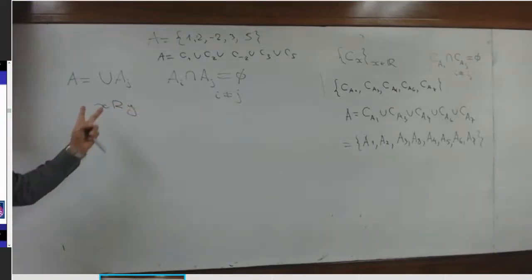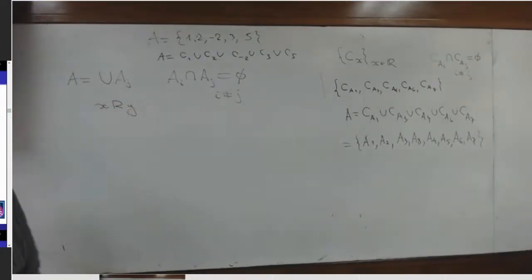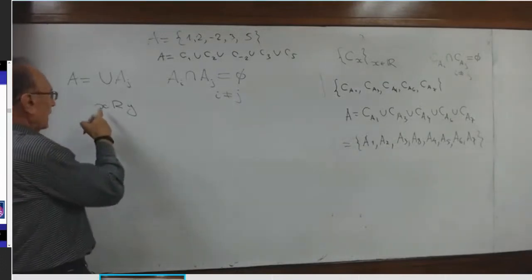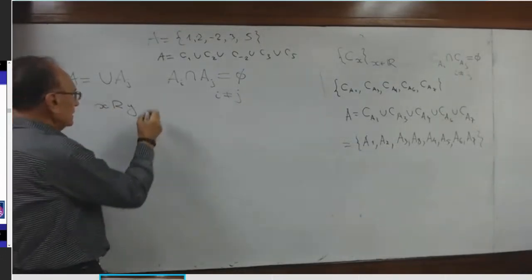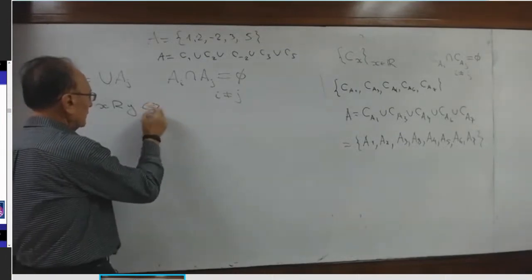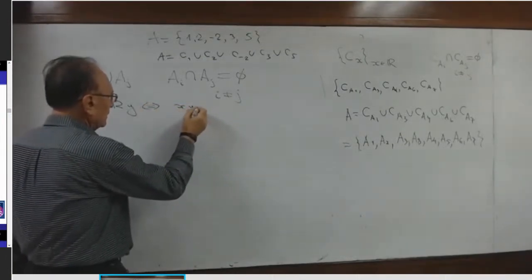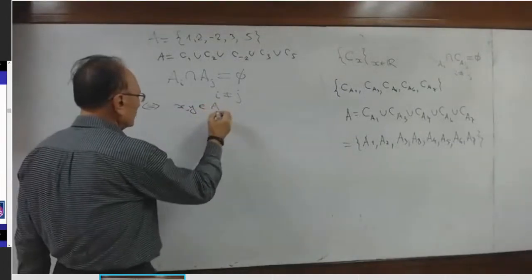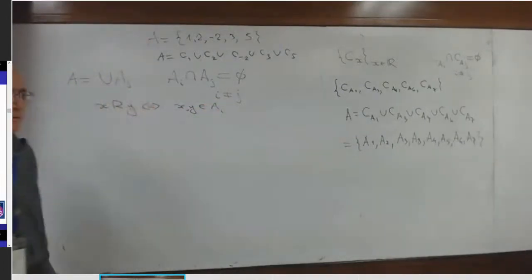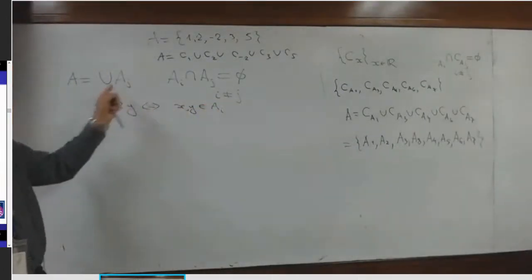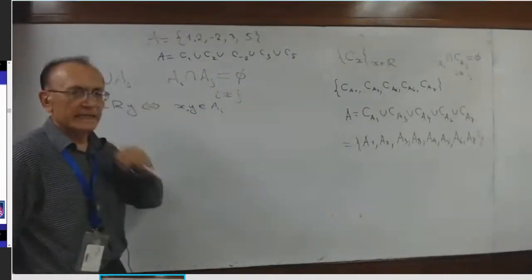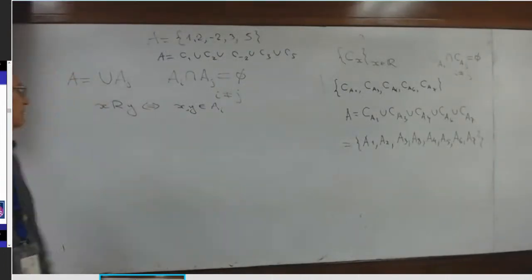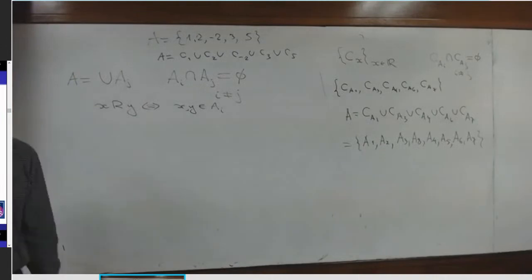I will say x and y are related by this relation R if x and y belong to one of these members Ai of the partition, for some i.